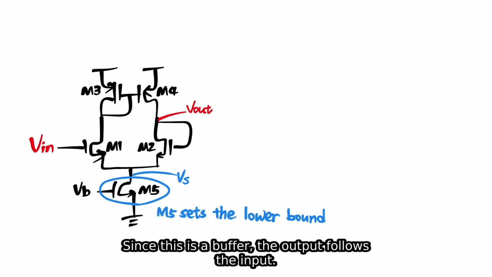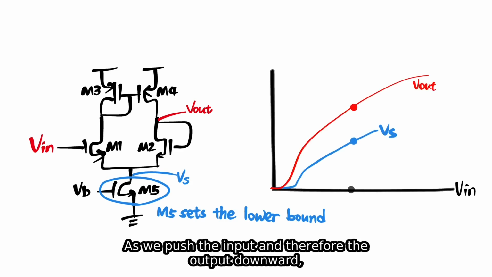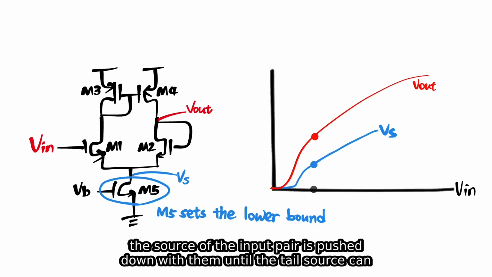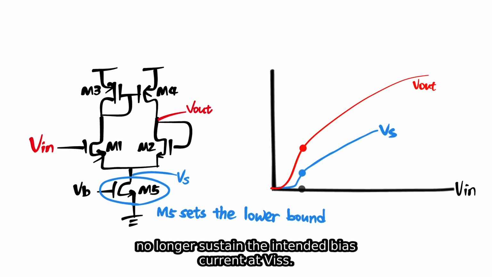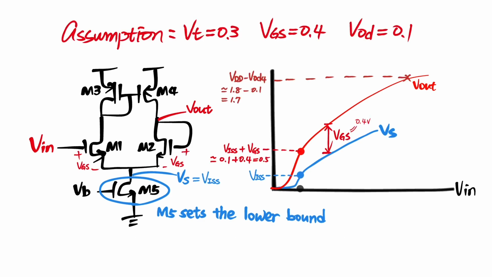Since this is a buffer, the output follows the input. As we push the input, and therefore the output, downward, the source of the input pair is pushed down with them until the tail source can no longer sustain the intended bias current at VISS.